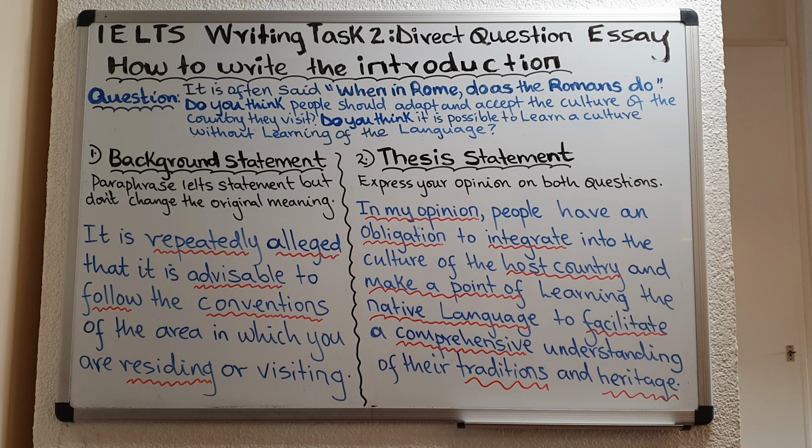You make sure that you score very high marks for your task response by responding to all the parts of the questions, making sure that your coherence and cohesion is very good through the use of your paragraphs and the use of linking words, and ensuring that your vocabulary is also quite good by using advanced vocabulary and using the words correctly. And finally, your grammar.